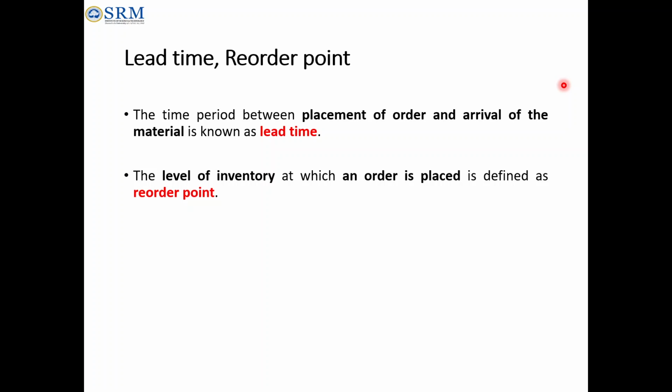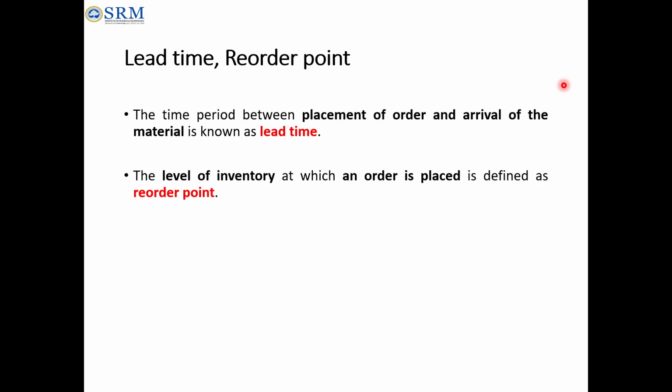So what is meant by lead time? It's a quite familiar word for you guys. The time period between placement of order and arrival of the material is known as lead time. So lead time is different, cycle time is different. The previous two slides we saw were cycle time. Cycle time is the placement of order to the final product.